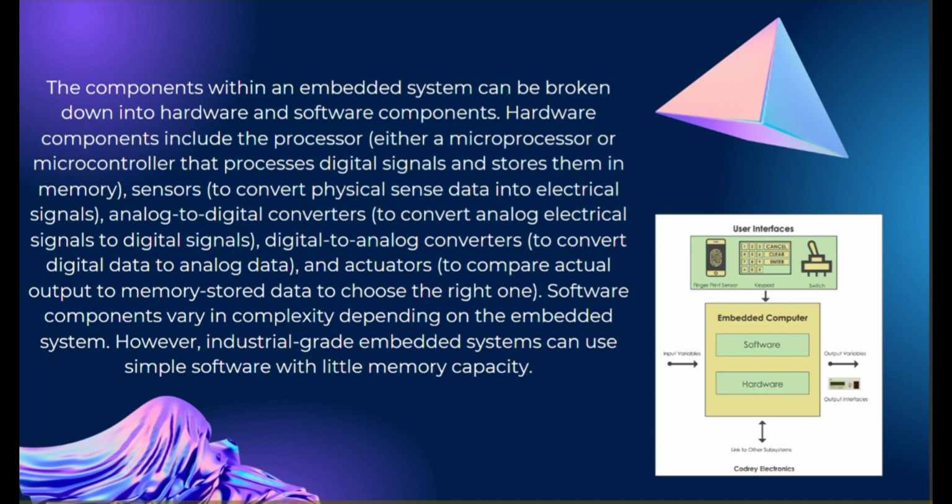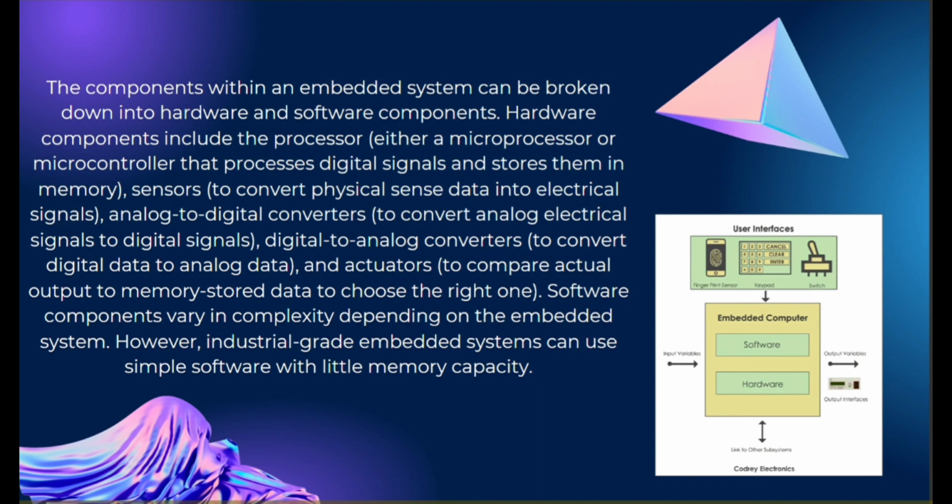The components within an embedded system can be broken down into hardware and software components. Hardware components include the processor, either a microprocessor or microcontroller that processes digital signals and stores them in memory. Sensors to convert physical sense data into electrical signals.